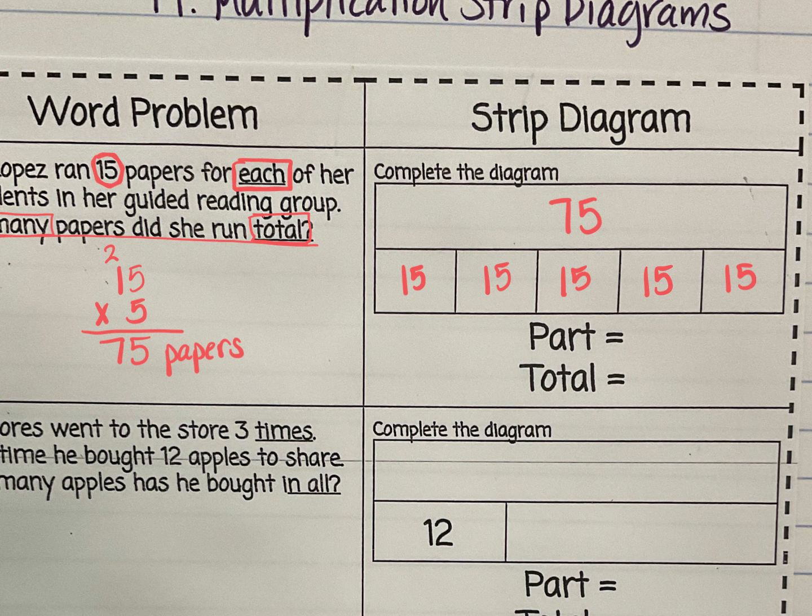So the part was 5 students times 15 papers each, and the total turned out to be 75. When I'm looking at strip diagrams, if I see equal groups, then you should automatically know that it is multiplication. If they're unequal groups, it's going to be adding or subtracting, right? And if they're equal groups, it's going to be dividing or multiplying.